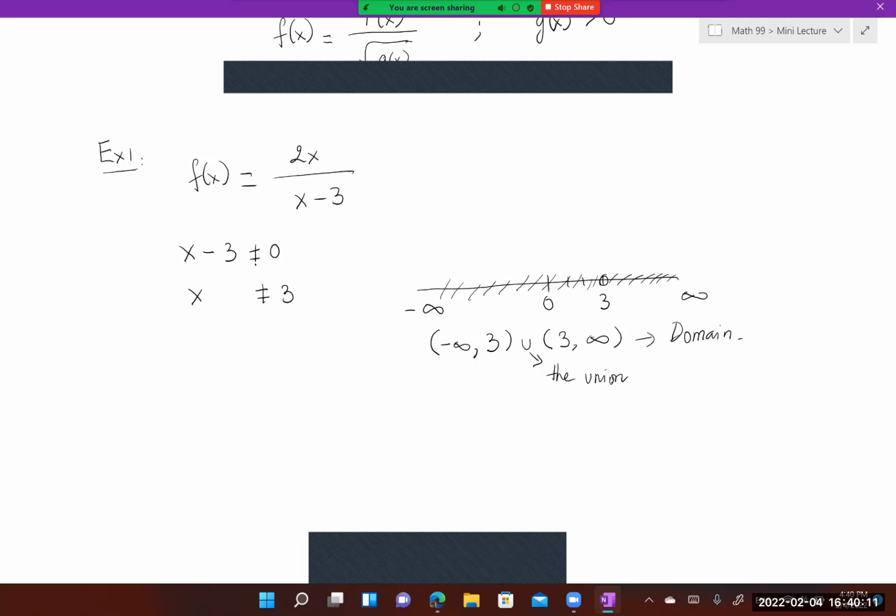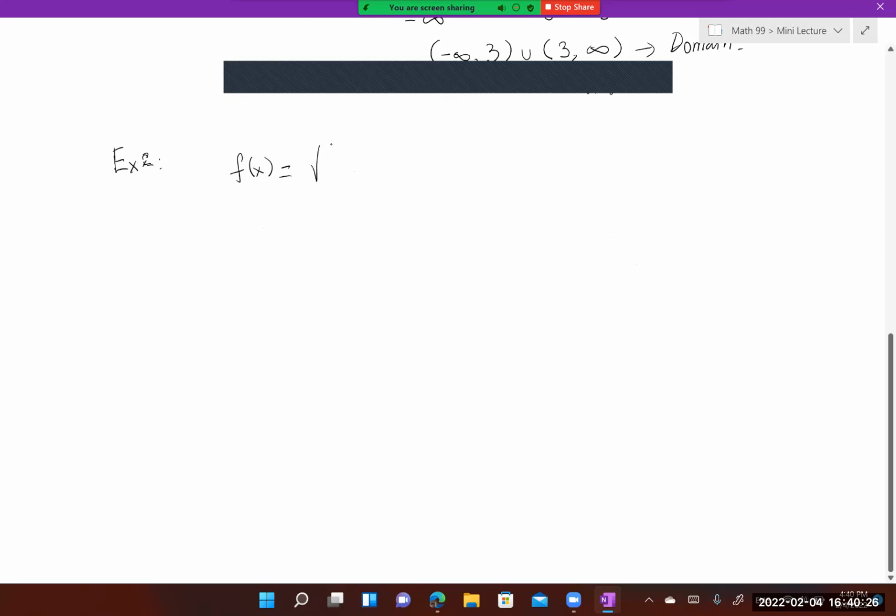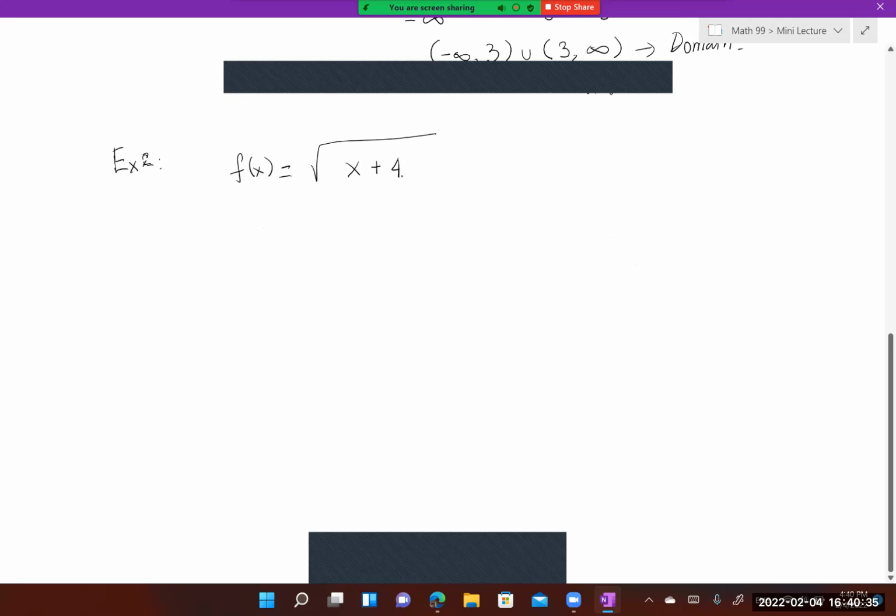Okay, now let's look at the second type of function, the square root function. Suppose we need to find the domain of this square root function, f of x equals square root of x plus 4.